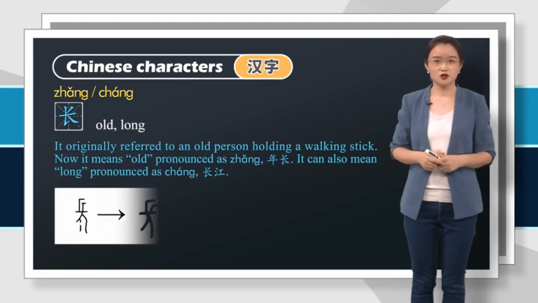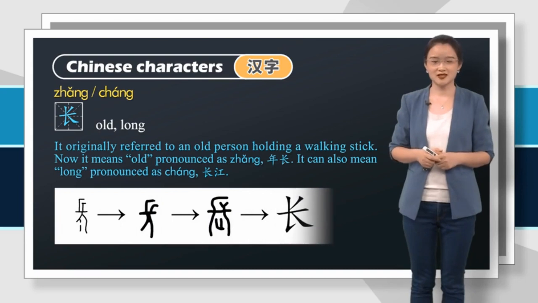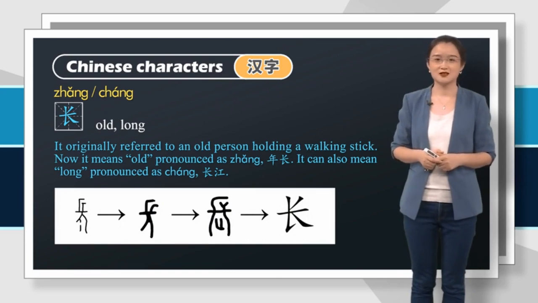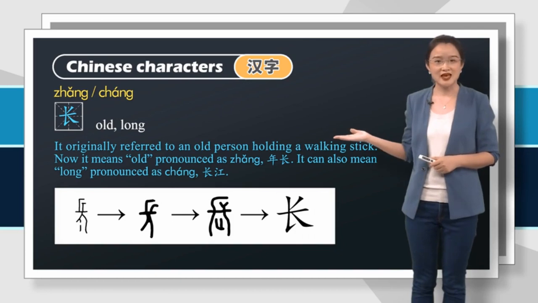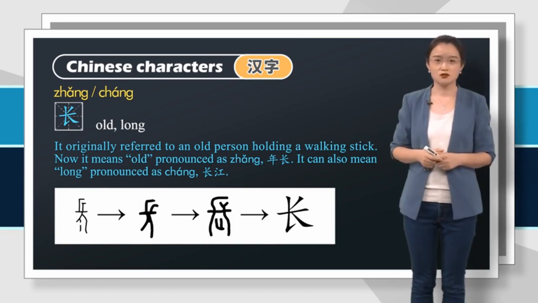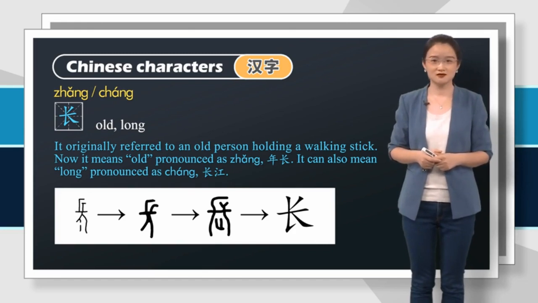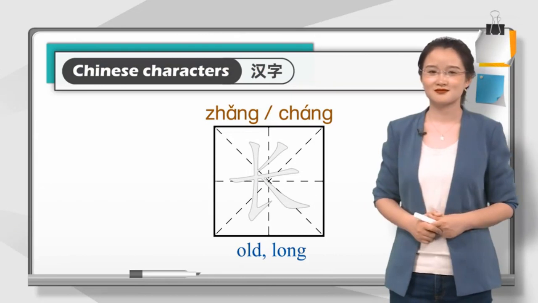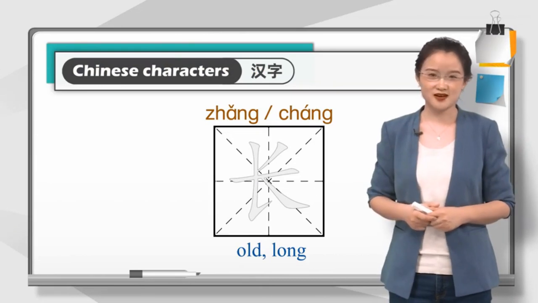It originally referred to an old person holding a walking stick. Now it means old, pronounced as 长, 年长. It also means long, pronounced as 长, 长江. Okay, let's read it together.